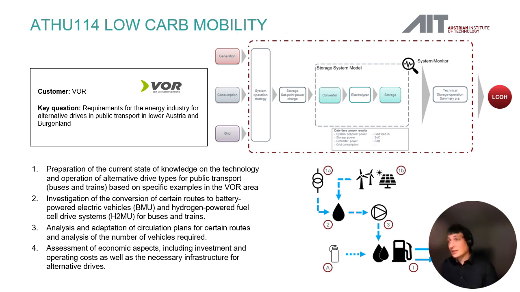And also there again, you had to have a look at the schedules of the buses, where it makes sense to refuel them, and which buses would make sense to have hydrogen fueled, and which make more sense to have battery buses.